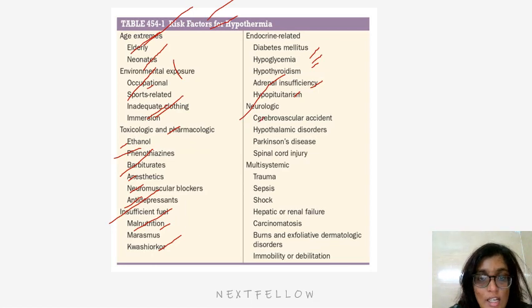Neurological: CVA, hypothalamic disorders, Parkinson disease and spinal cord injury. Multisystemic: trauma, sepsis, shock, hepatic or renal failure, carcinomatosis, burns and exfoliative dermatologic disorders, immobility and debilitation.